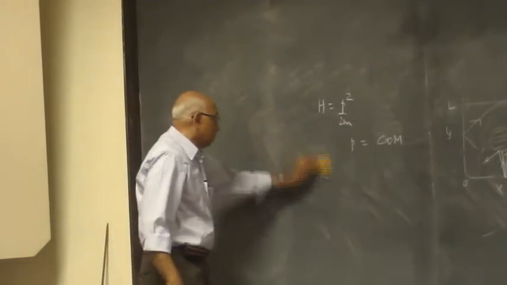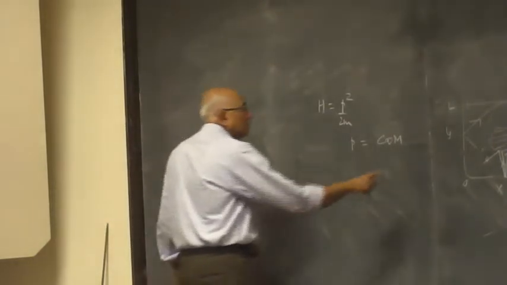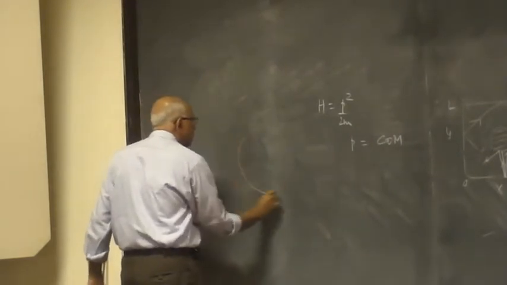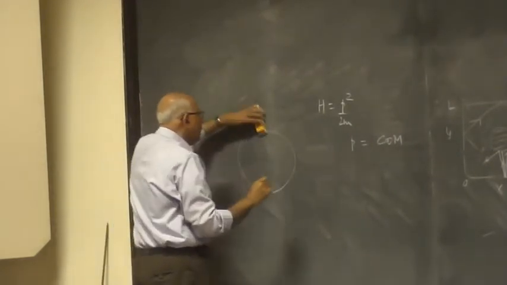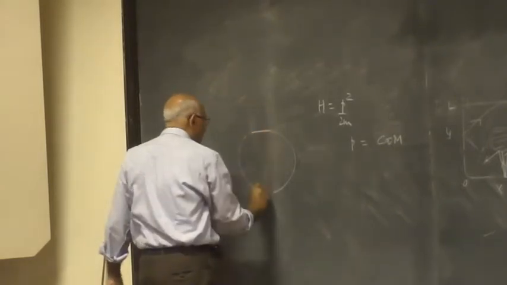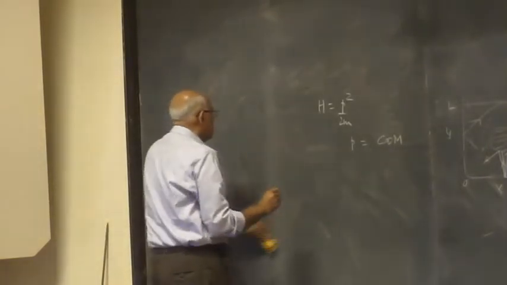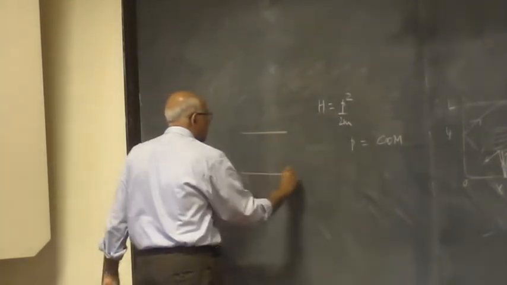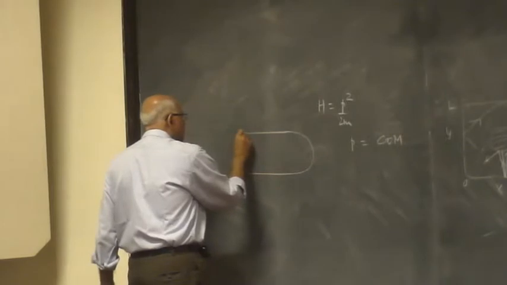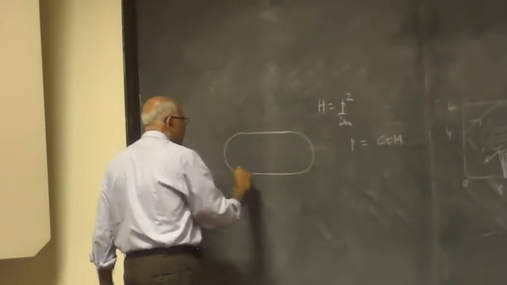But you could have the following possibility. Take a circle, which is integrable, split it in two, separate them, and then join them by straight line segments. So you have a rectangle, and then the slopes match at this point, but the curvatures don't.